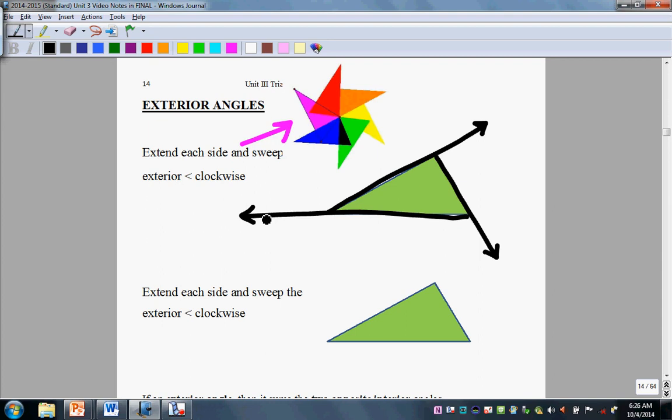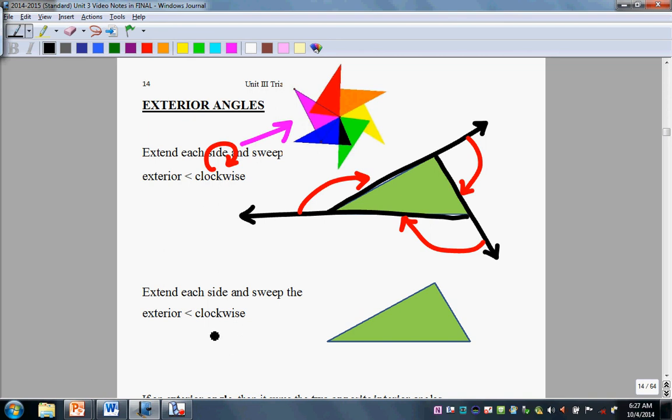Extend. Clockwise. Those are exterior angles. They're the angles when you extend the sides. And we went clockwise. All three of those are exterior angles.